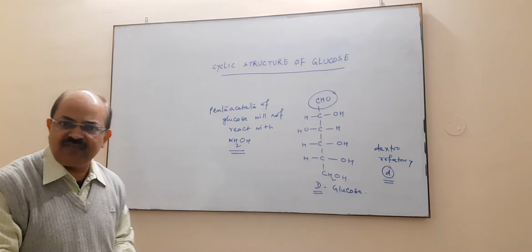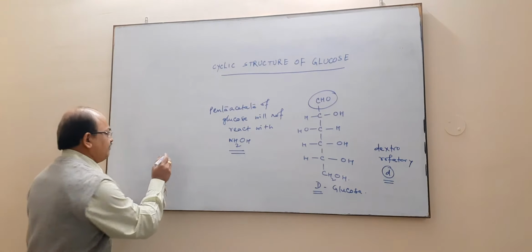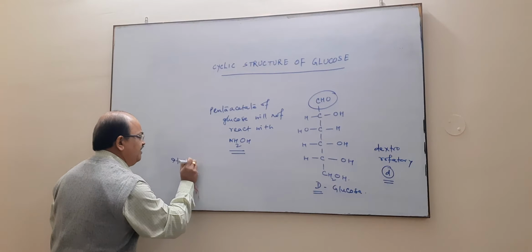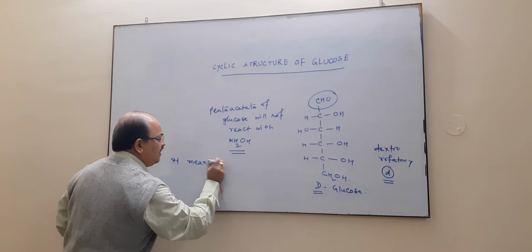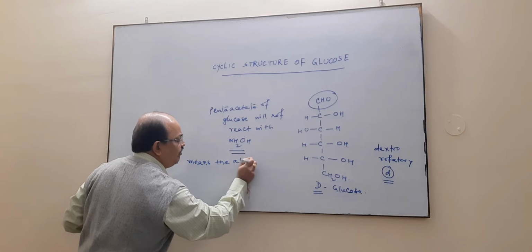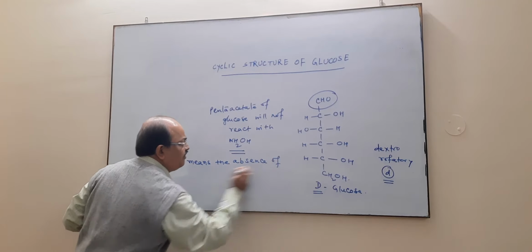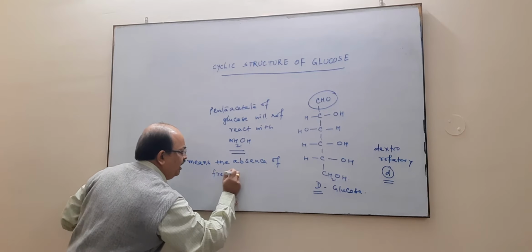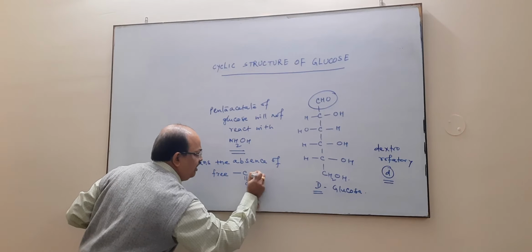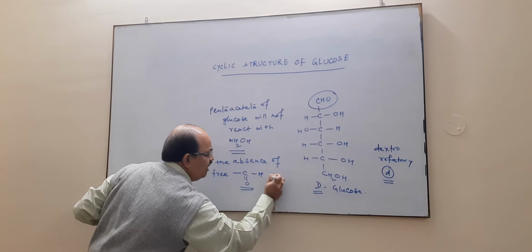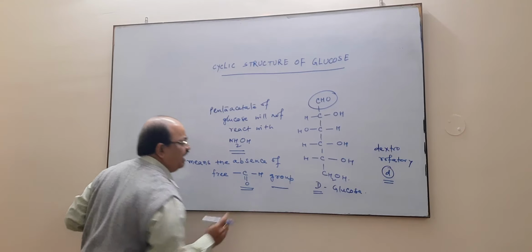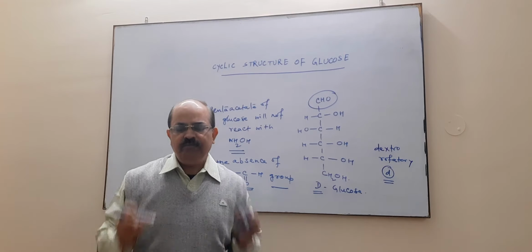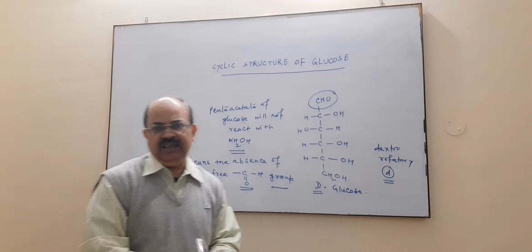It means the absence of a free CHO group. इसका मतलब ये हुआ कि हमारा एल्डिहाइड ग्रुप है बट ये फ्री नहीं है.